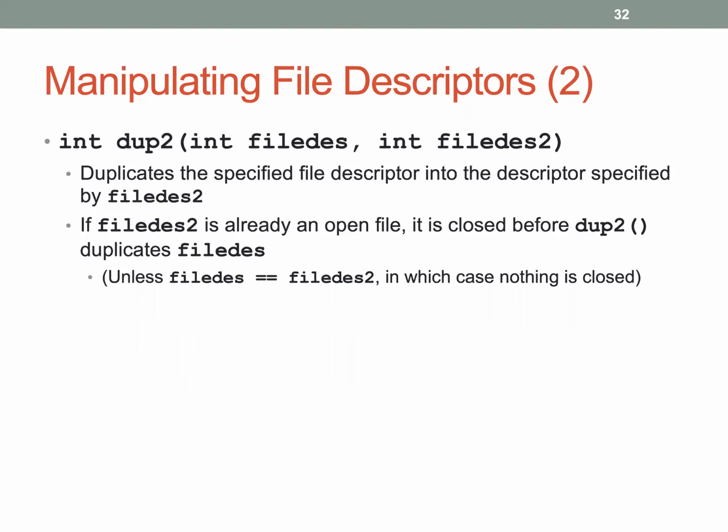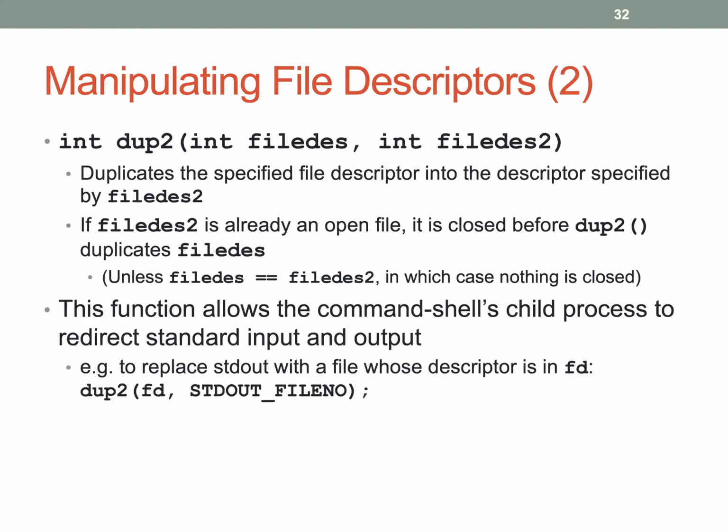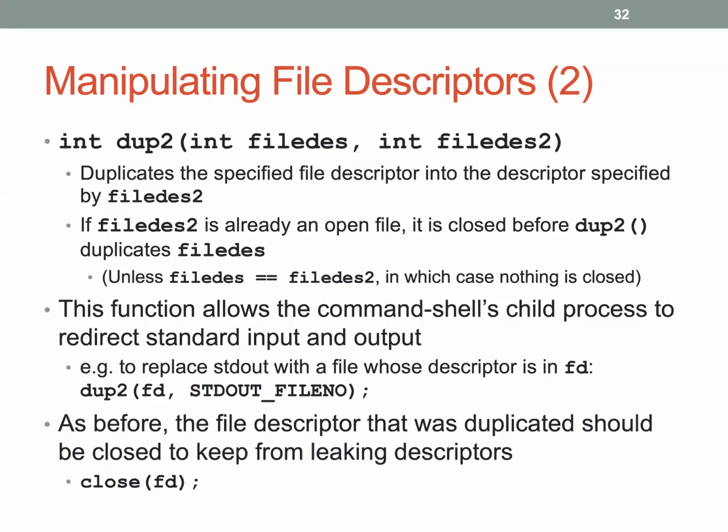Make sure you do, because you may run into issues if you don't follow all the semantics of these operations. But this would be an example of how, for example, you can replace standard output with some other file that you've opened. Okay, you just do dup2 and the kernel takes care of it for you. Okay, and then you want to close it.